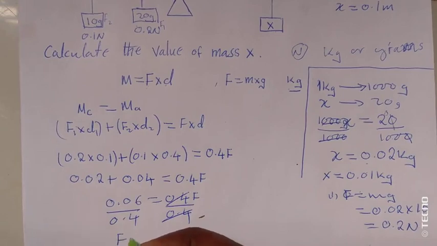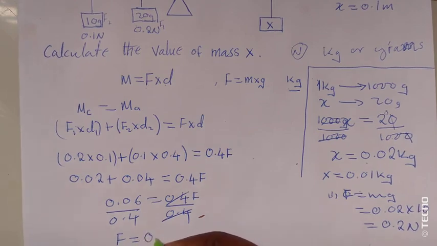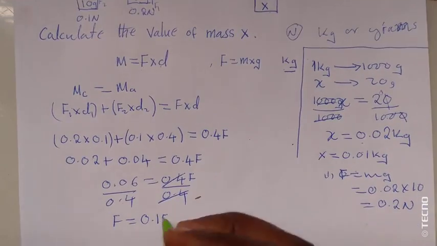So our F is going to be 0.06 divided by 0.4. What's the answer? My answer is 0.15, and this answer is in Newton.